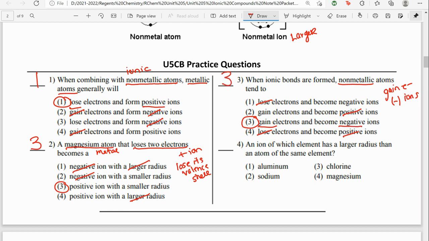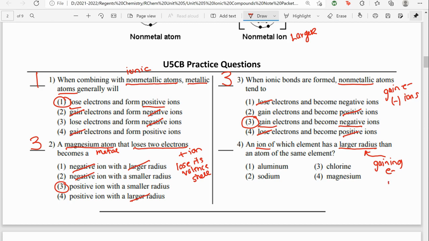So number 3. And then an ion of which element has a larger radius than an atom of the same element? This is usually a pretty hard question because you have to think through a couple of things. So if the ion is forming a larger radius, that means that it must have occurred by gaining electrons.